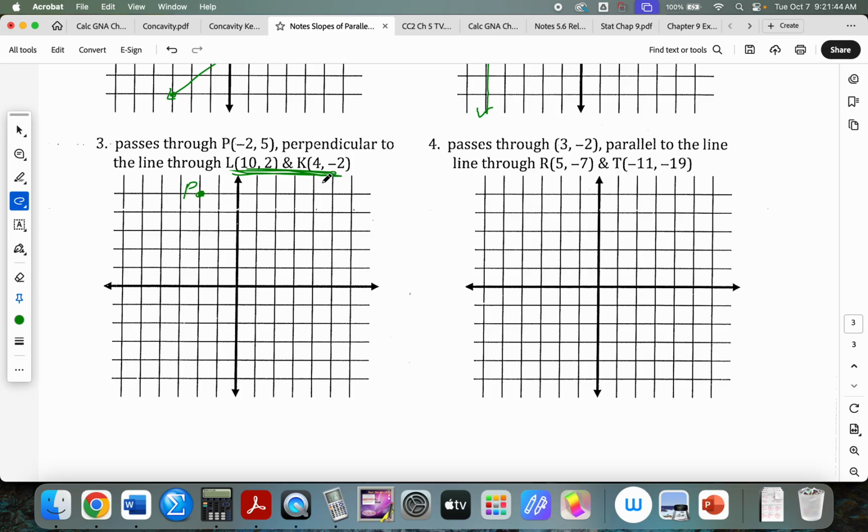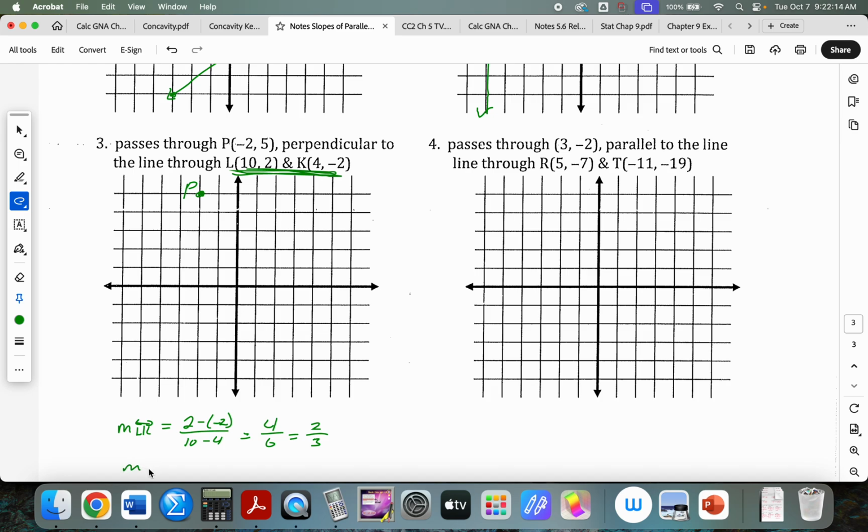You just need to find its slope. So again, when I'm finding the slope of a particular line, I'm going to label it. The slope of LK would be 2 minus -2 over 10 minus 4. That's 4 over 6, which is 2/3.